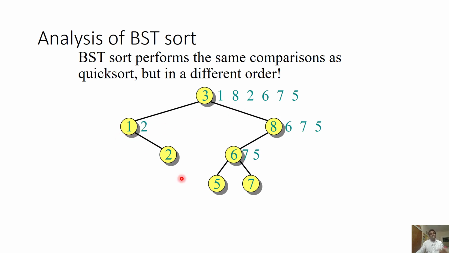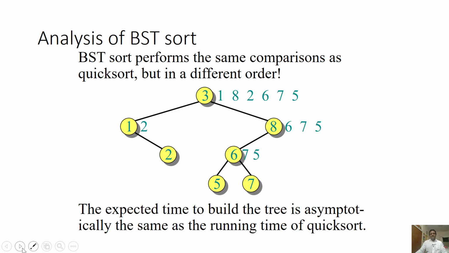If it is 2, 1, we may not get the same tree as the built BST. Similarly here, all the elements which are greater than 3 will be here, but in this order, 8 came before 6. So this partition should be a stable partition algorithm, which is not hard to get. So that is the observation.